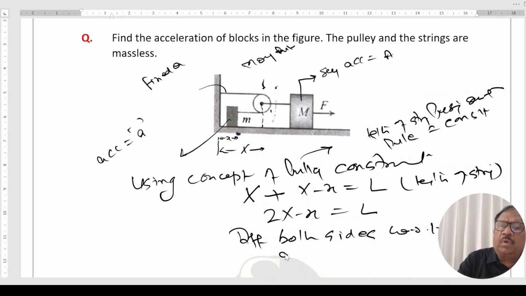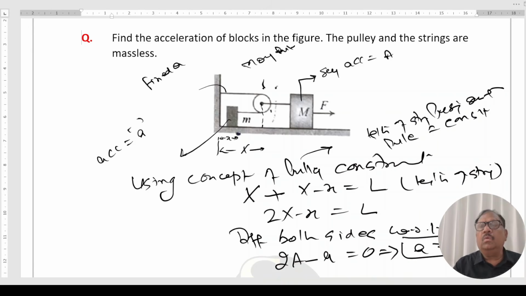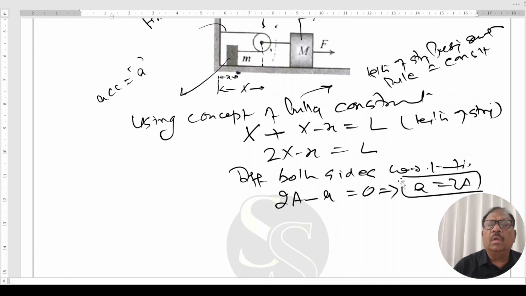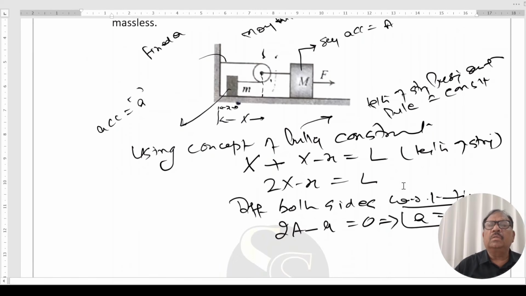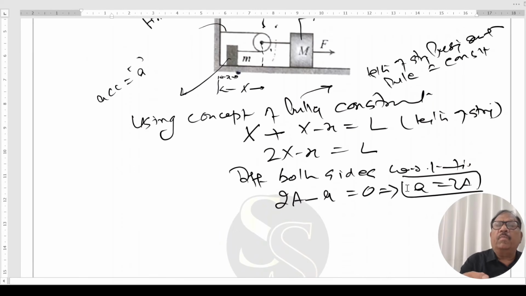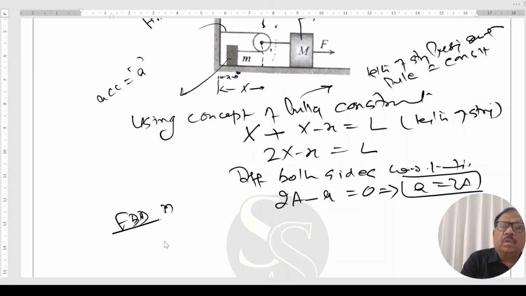So this comes out to twice a minus A equal to 0. A equal to 2a. Next. Then free body diagram and free body diagram of capital M.